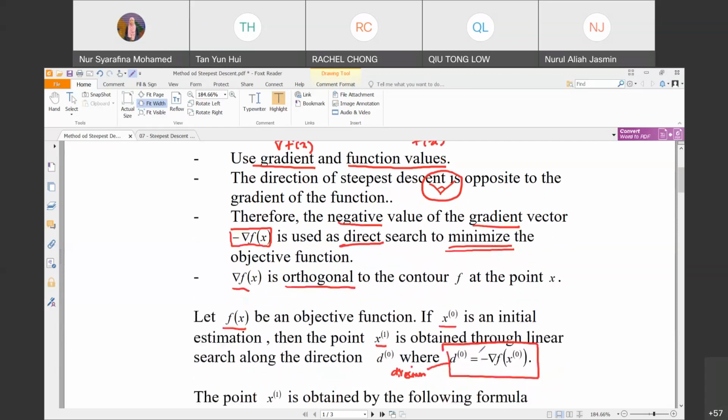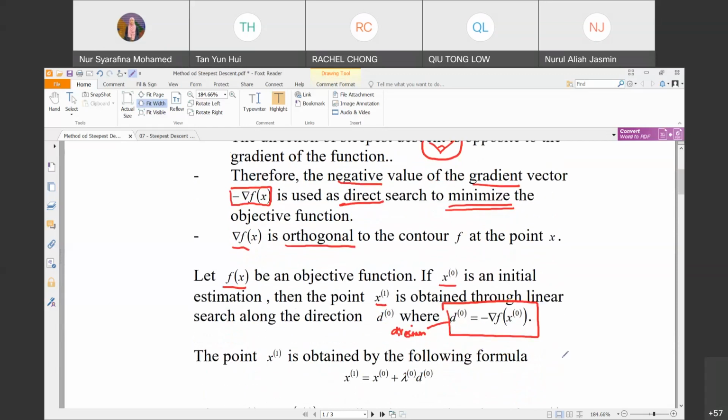So the point x1 is obtained by the following. This is how we move in the next iteration: x1 equals x0 plus lambda naught d0. What is lambda naught? Lambda naught here is a constant chosen to minimize, so we need to find the lambda value first.